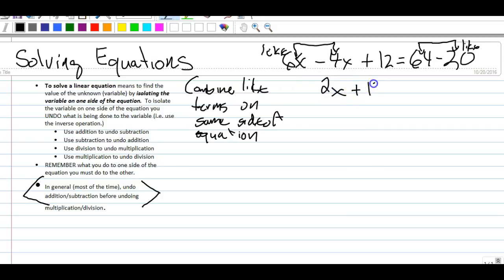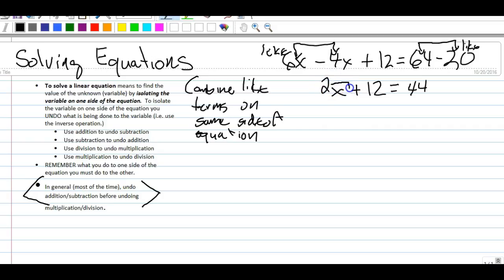So I have 2x plus 12 is equal to, and 64 minus 20 simply gives me 44. So it's much easier to work with the equation 2x plus 12 is equal to 44 as opposed to 6x minus 4x plus 12 is equal to 64 minus 20. Now it becomes an equation like we have previously solved.